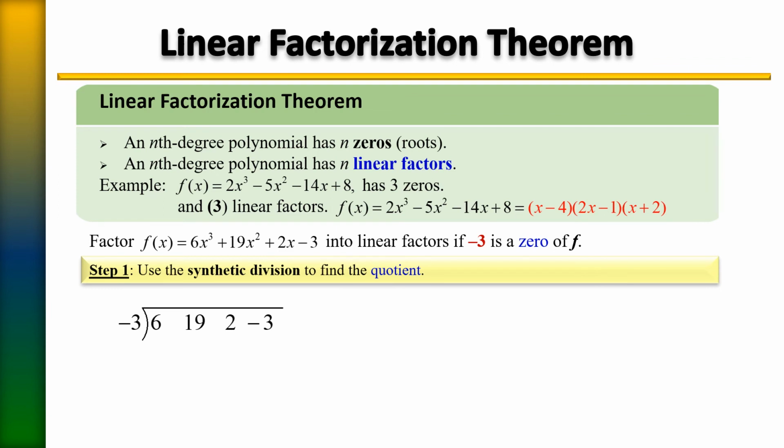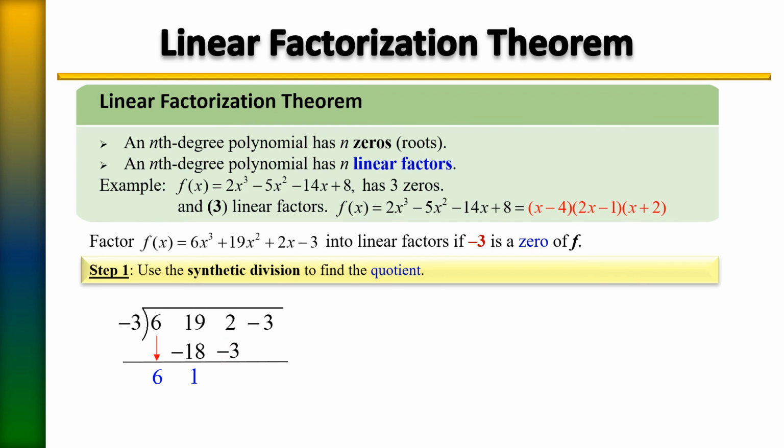So let's begin. I'm going to bring down a 6, multiply that with -3 to get -18. Bring down a 1, multiply that with -3 to get -3.